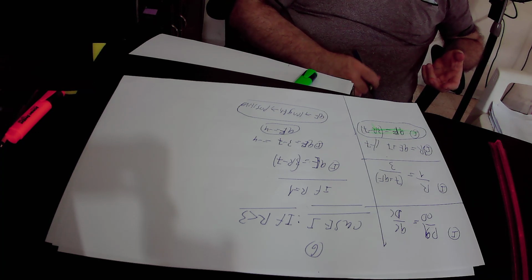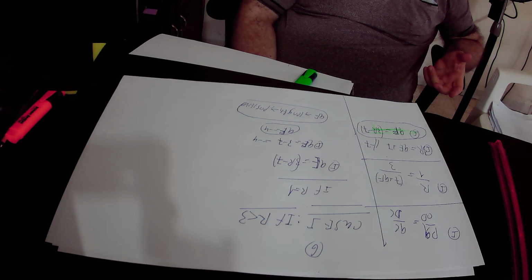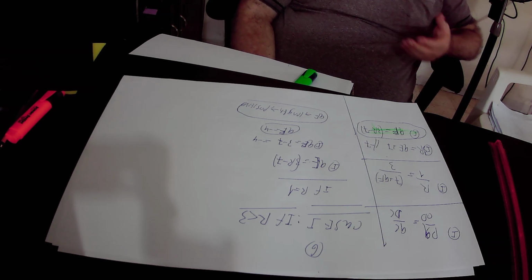So we'll cancel out all the infinite possibilities that we have for R that are 1 or less than 1.